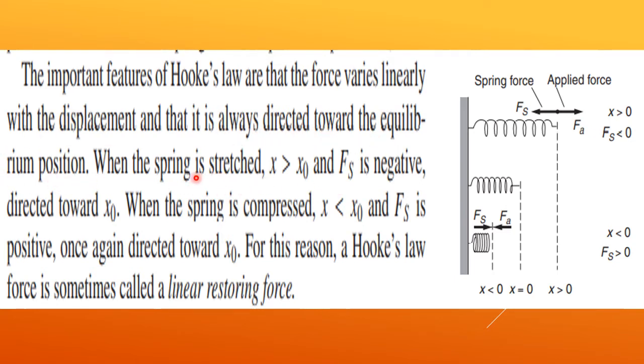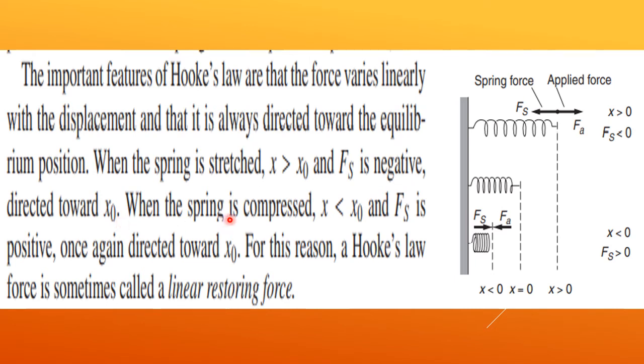That means if the spring is stretched, that is when x is greater than x0, see the figure, this is our equilibrium position, and the applied force is in this direction and x is positive, then the spring force will be acting opposite to it in the negative direction. That is Fs is less than 0. So when the spring is stretched, x greater than x0, Fs is negative, directed towards x0.